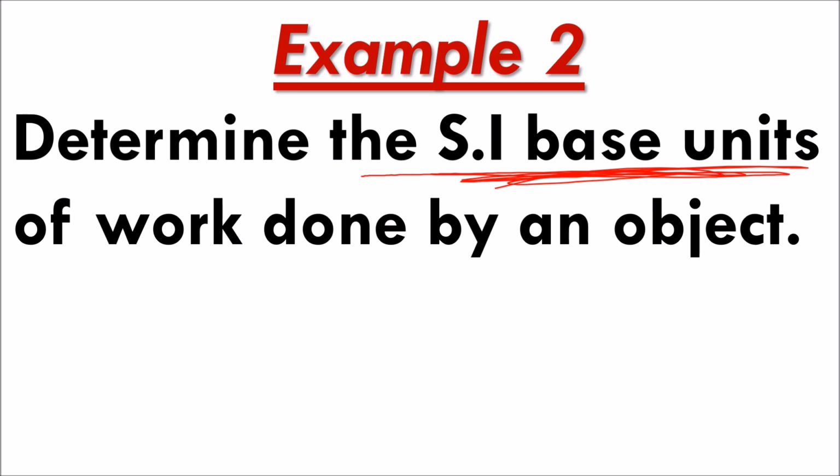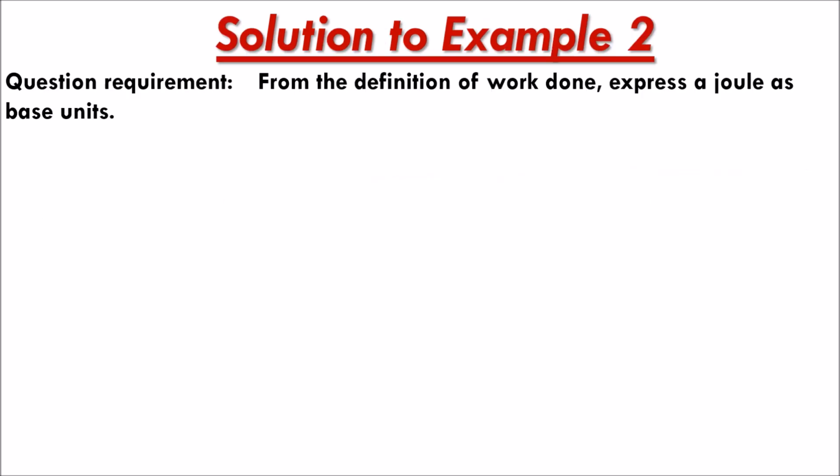So we really need to break down a joule into its base components. In other words, the requirement of the question is using the definition of work done, express a joule in form of its base units. So we'll go to the definition of work done, and we know that work done is force times the distance moved by the force in the direction of the force.